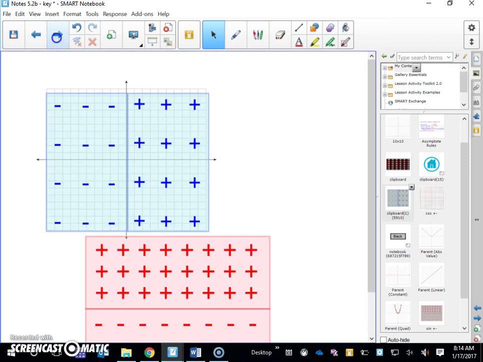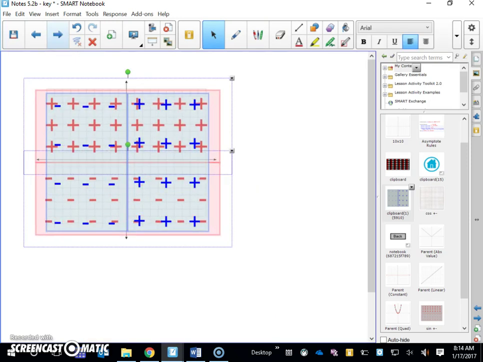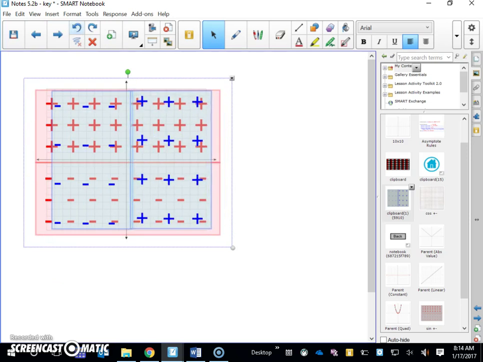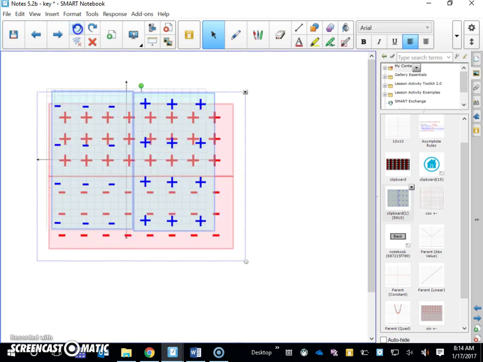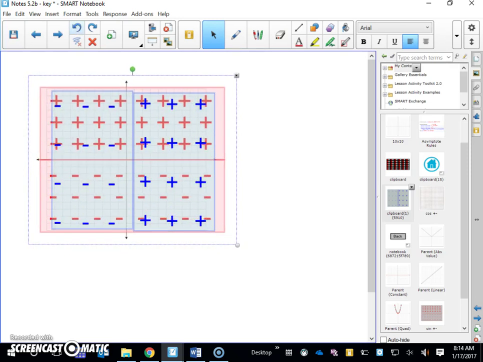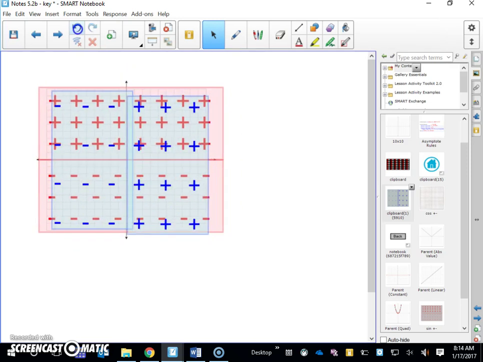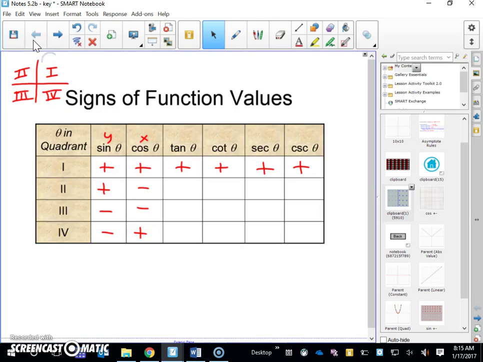So if you overlap them, see how in quadrant 1, the x's are positive and the y's are positive? That's kind of how we're going to figure out tangent, because we remembered that tangent was y over x. We knew that ratio from the other day. Tangent is y over x.